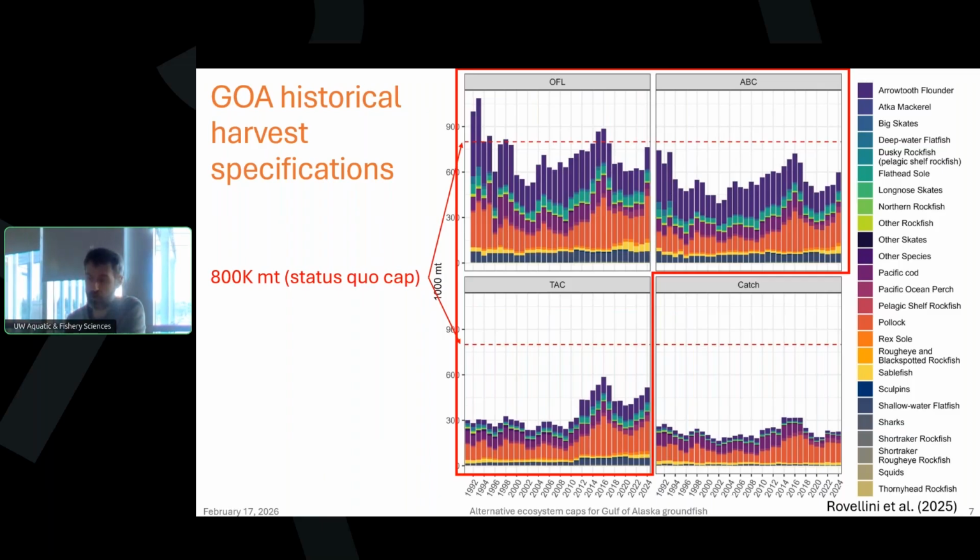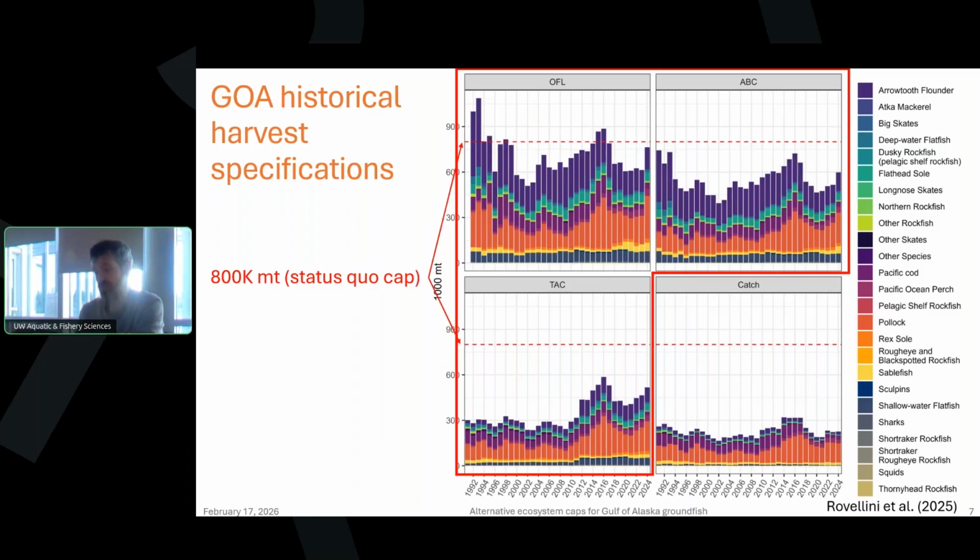For instance, to single out one species here, these big blue bars would be arrowtooth. Arrowtooth isn't targeted very much at all in the Gulf, or hasn't been, at least historically. And as a product of that, the aggregate catch has been well below the cap.